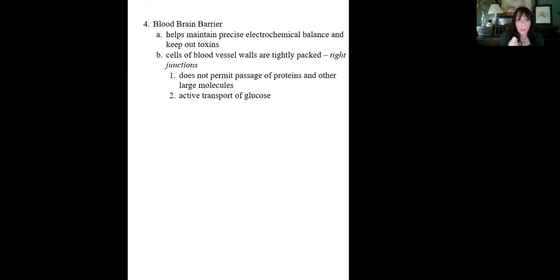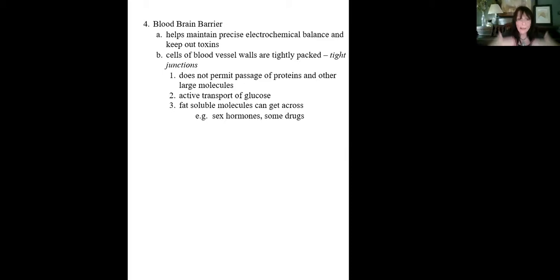And what does it keep out? Big proteins and other large molecules that make up a lot of the things we don't want in our brain. However, it has little pumps that make sure that we get glucose into the brain, because your brain is incredibly metabolically active. It will preferentially grab glucose as long as it is able to if you are low in glucose.